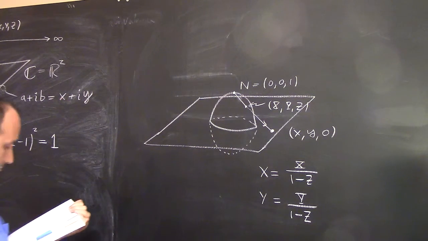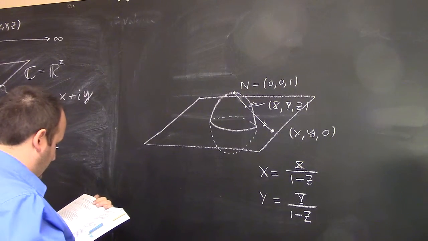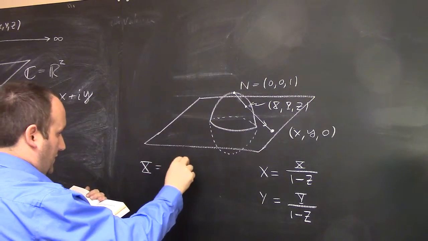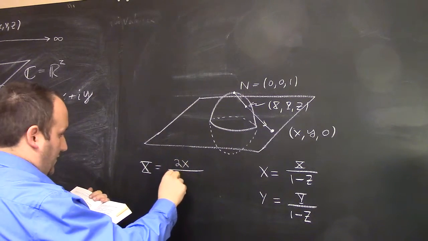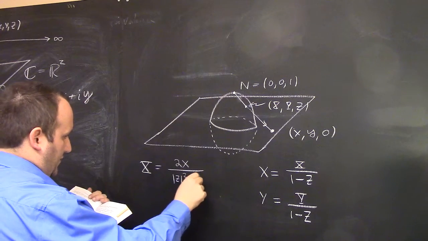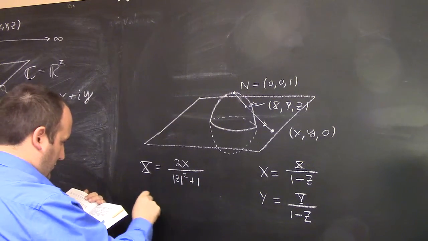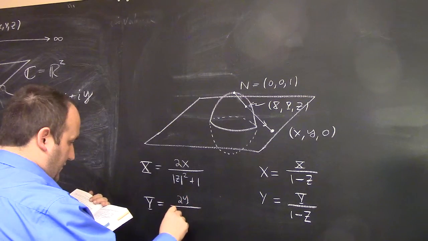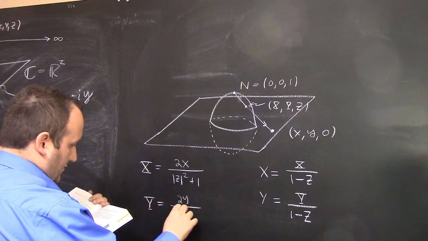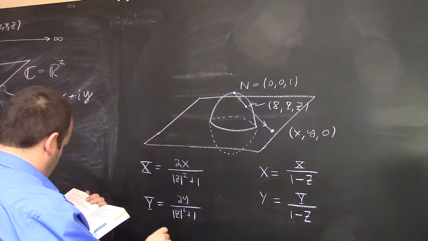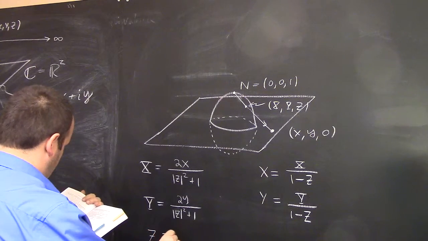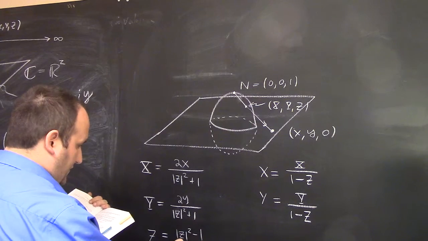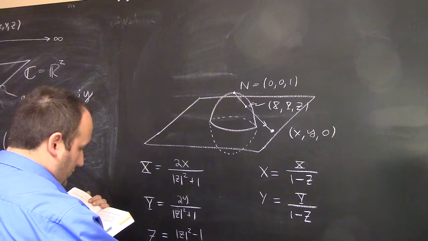And you can also write it like this: big X is equal to 2x over the modulus of z squared plus 1, big Y equals 2y over modulus of z squared plus 1, and big Z is equal to modulus of z squared minus 1 divided by modulus of z squared plus 1.